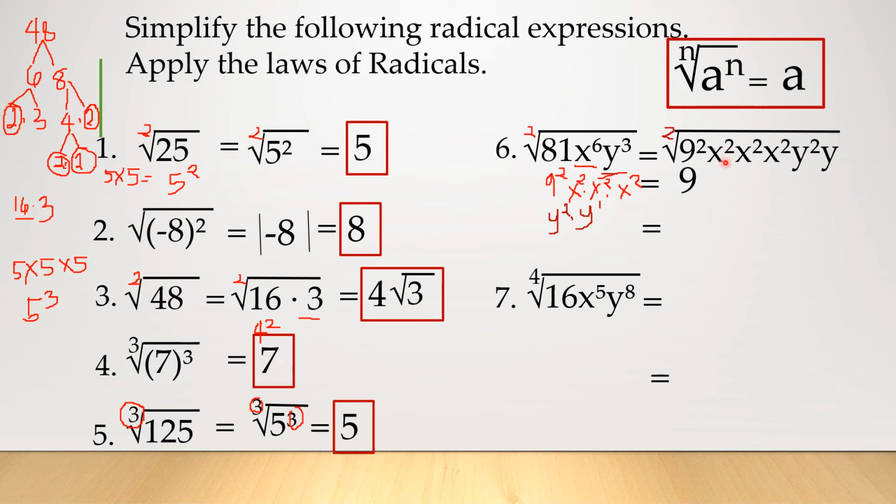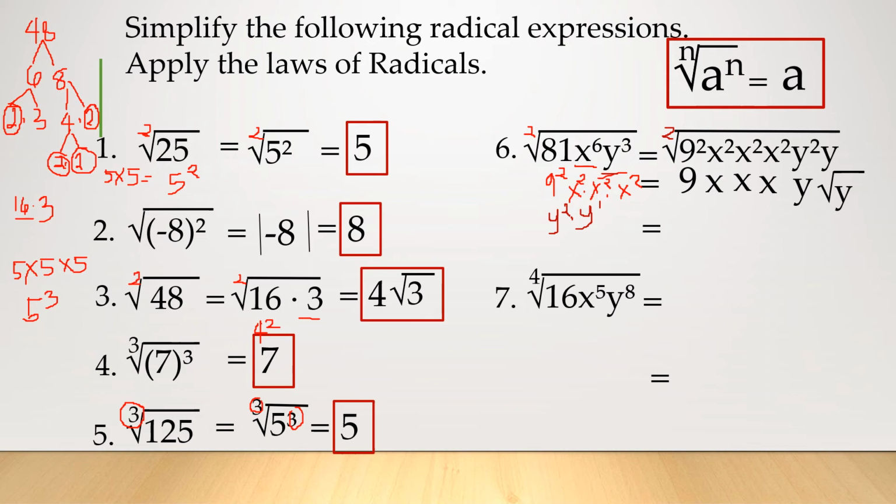Now, for x squared, again, the same index and exponent. Therefore, just copy the base, so that is x. Same thing with the other ones, x and x. And for y squared, that is y. And the last one, y raised to the exponent 1, would remain inside the radical sign because it's not a perfect square.